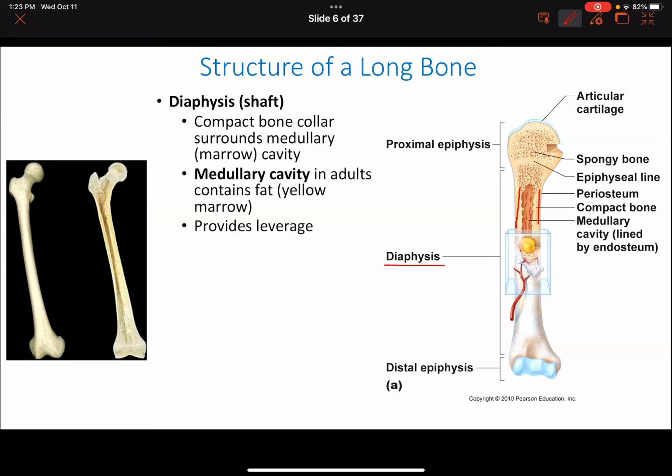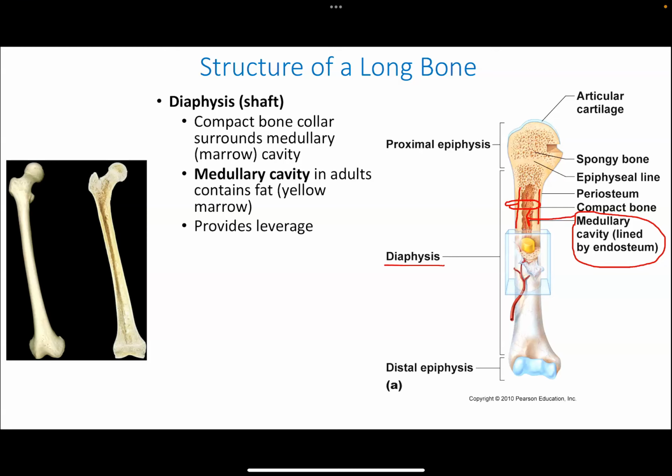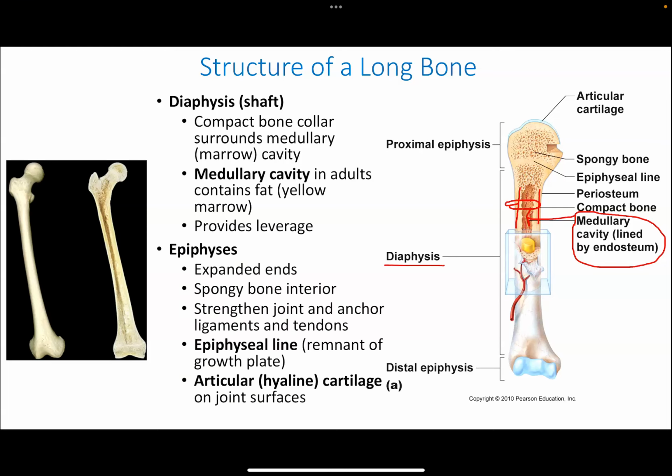The medullary cavity is this hollowed out inside that is going to house marrow, be it red or yellow marrow. The compact bone collar is what we've referred to as the compact bone that surrounds the medullary cavity. And again, the long bone is going to provide the leverage. The diaphysis is primarily what provides that leverage.